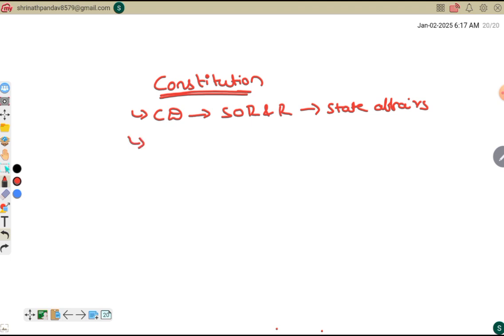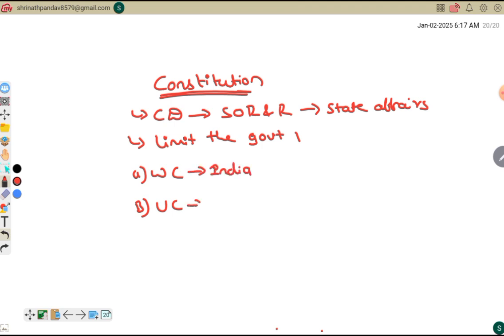And this constitution limits the government. And when it comes to the constitution, we have written constitution and unwritten constitution. For written constitution, the example is India, and for unwritten constitution, the example is UK.